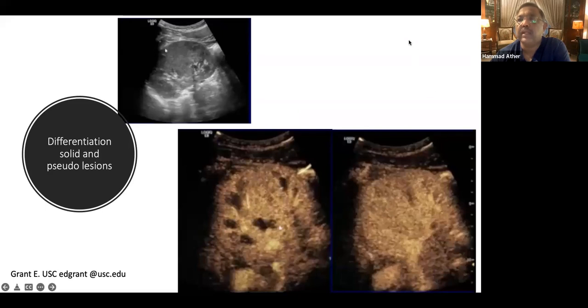Also, if you look at this medullary phase, you can actually identify a medulla within this lesion, and the presence of this medulla is quite diagnostic in differentiating a tumor versus a pseudolesion.